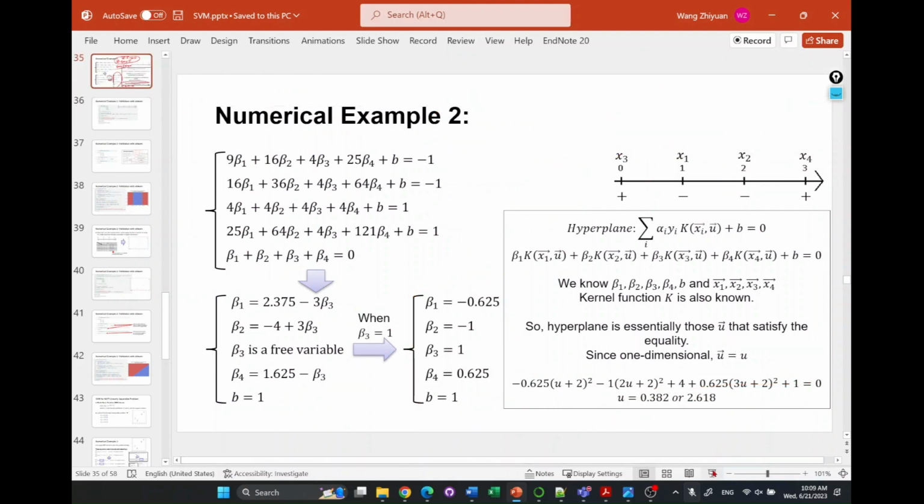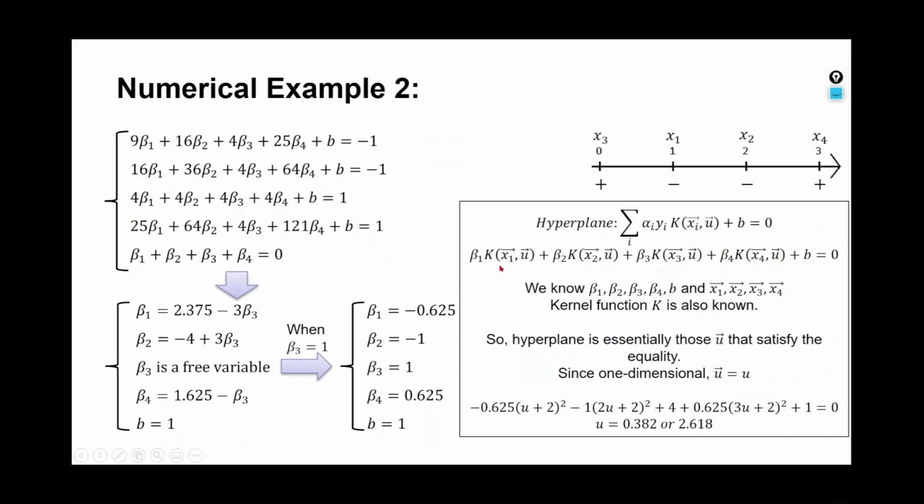Okay, so on this 1D number line, we are going to have one separating point over here and one separating point over here. Now you can see the negative class is over here. The positive class is outside of the two separating points.